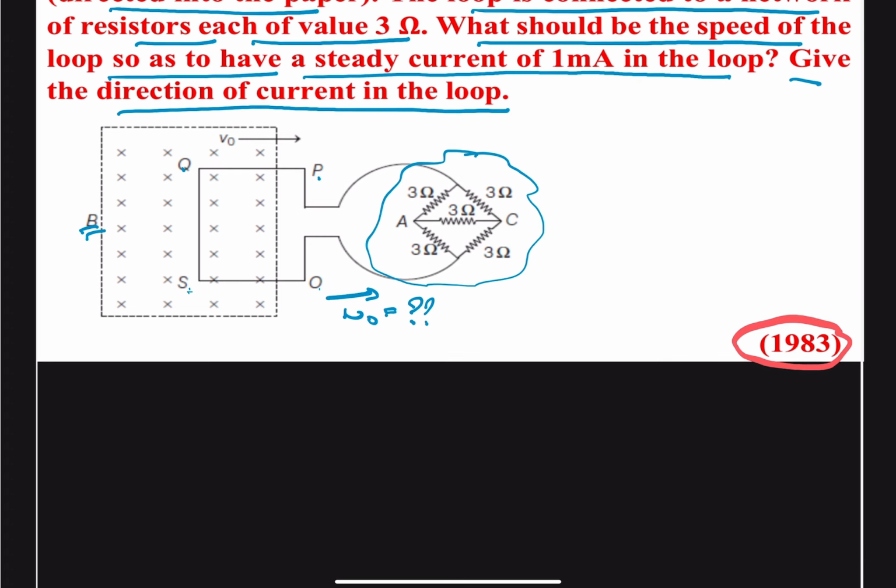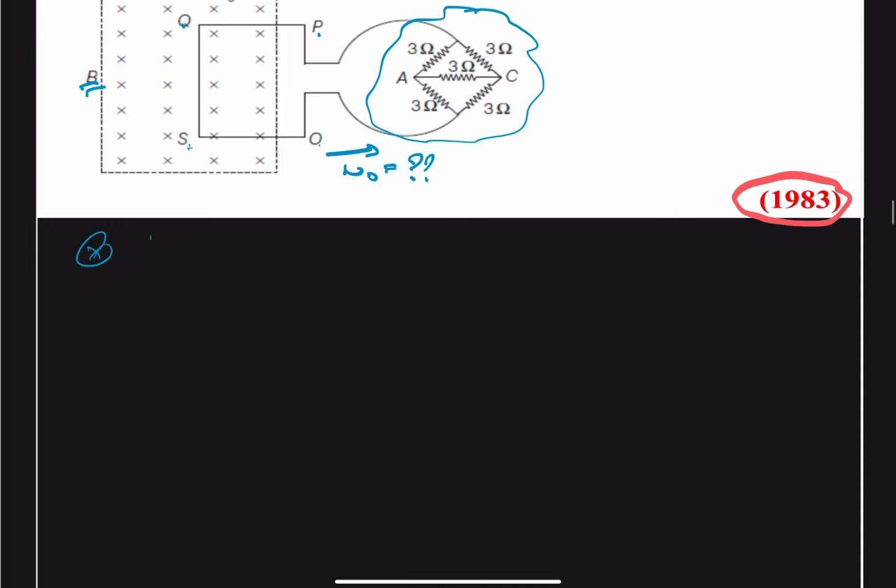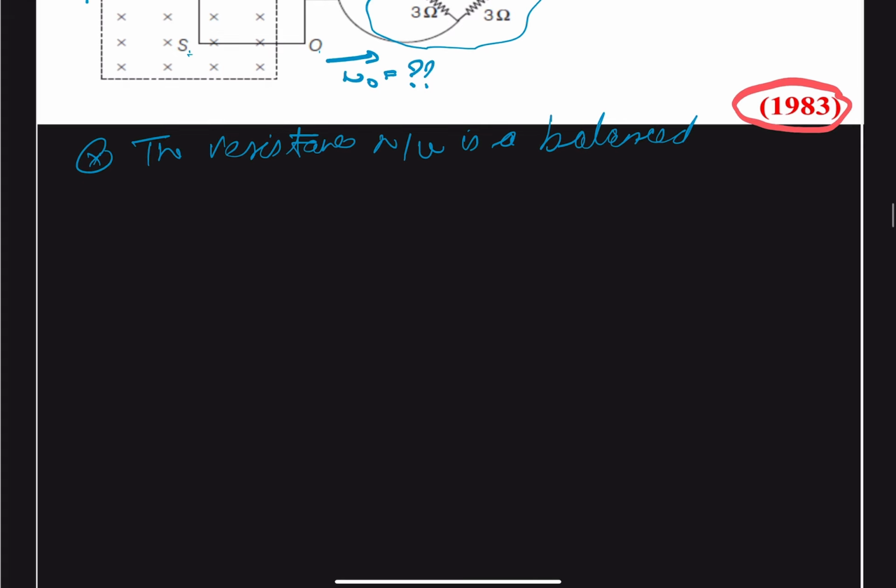First of all, we are interested in this bridge, and this bridge is a balanced Wheatstone bridge, so we can find its equivalent resistance. The resistance network is a balanced Wheatstone bridge.